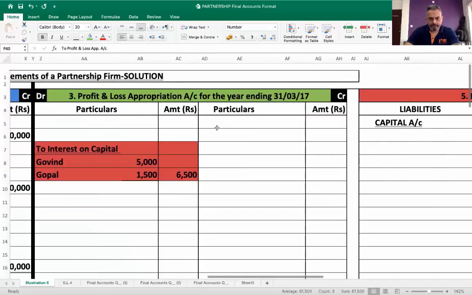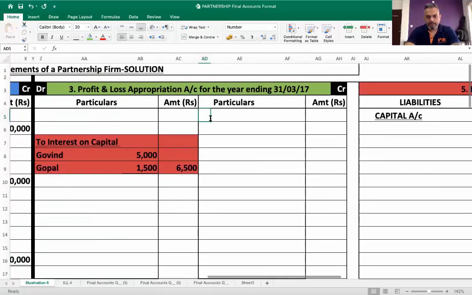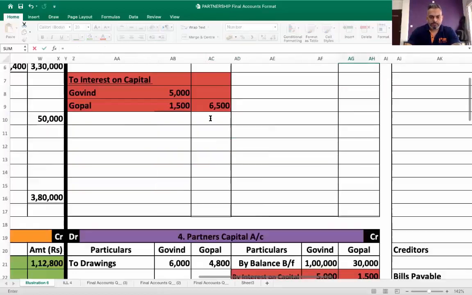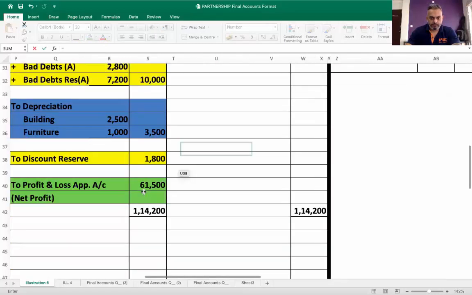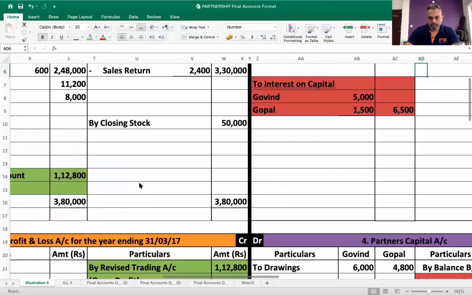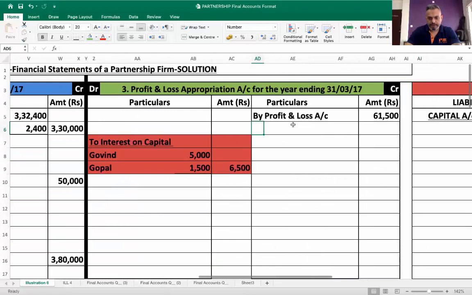Transfer it to P&L appropriation by profit and loss account, $61,500 net profit.